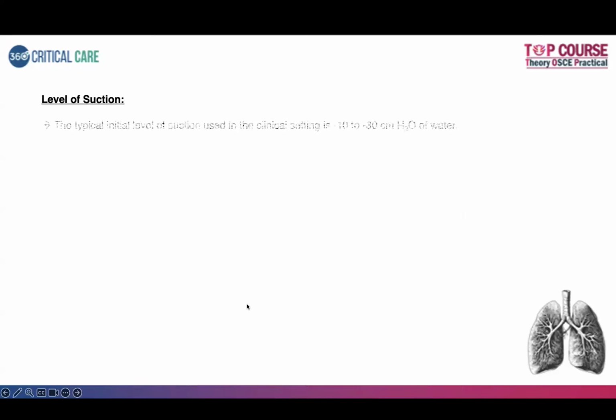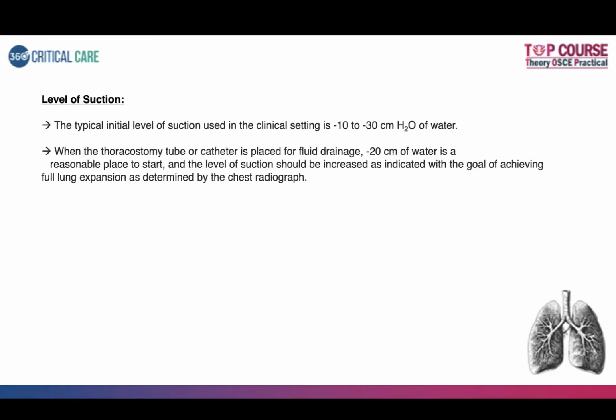So then coming to the level of suction. The typical initial level of suction used in the clinical setting is about -10 to -30 centimeters of water. When the thoracostomy tube or catheter is placed for fluid drainage, -20 centimeters of water is a reasonable place to start with. The level of suction should be increased as indicated with the goal of achieving full lung expansion as determined by the chest radiograph.